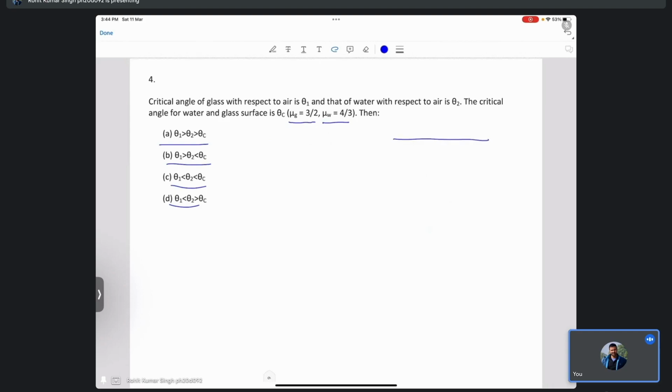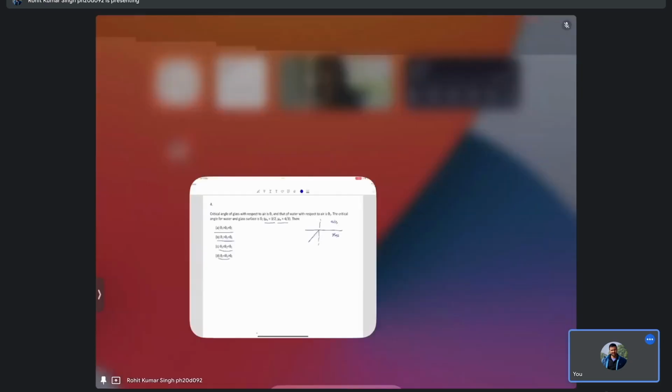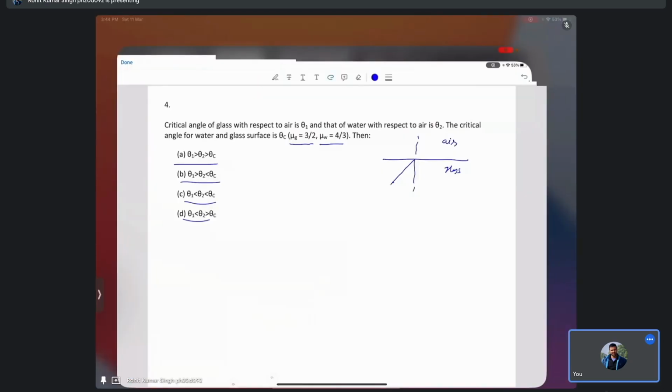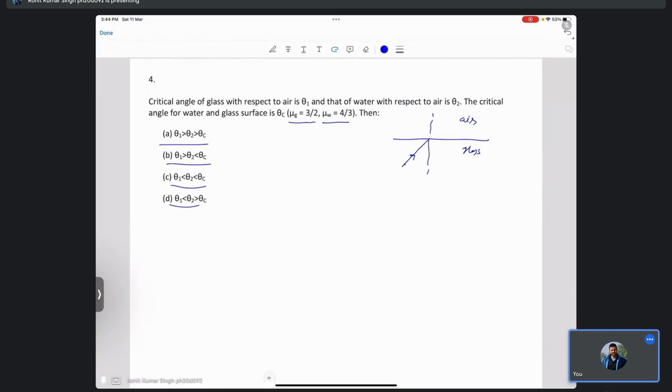So suppose this is the normal, suppose this is air, this is glass. So this critical angle of glass with respect to air means this is the incident beam, and this will be the theta 1, okay, and here it will be going like this 90 degree, the refractive angle, and we can apply Snell's law here.